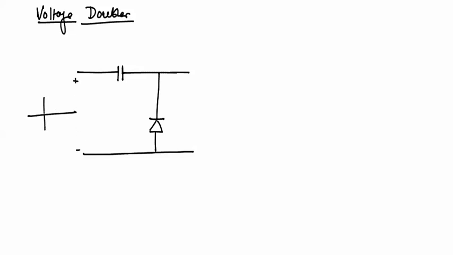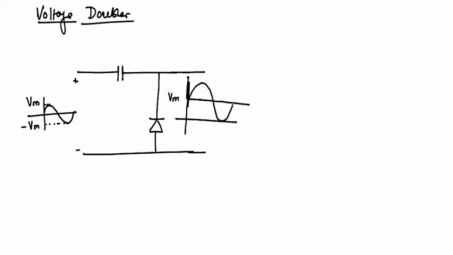If we apply this waveform at the input, this clamper circuit, which is a positive clamper, will change this input waveform to this one. The positive peak will be 2 Vm and the minimum level will be at 0.